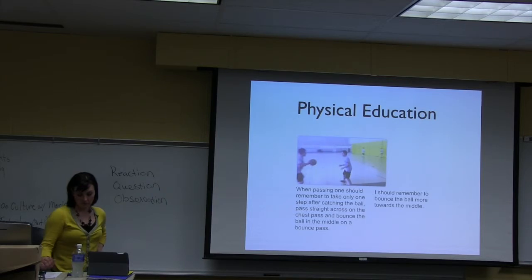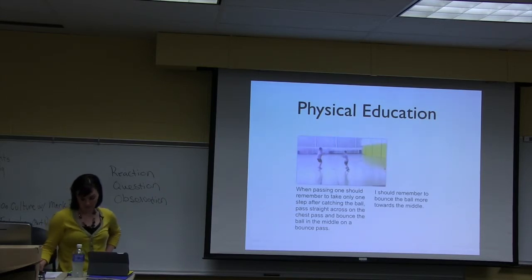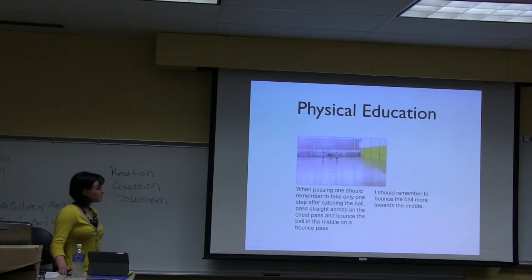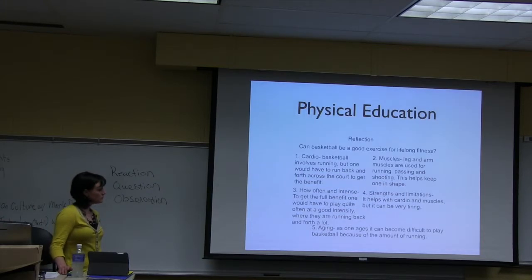Pass straight across on the chest pass, and bounce the ball in the middle on a bounce pass. I should remember to bounce the ball more towards the middle. Can basketball be a good exercise for lifelong fitness? In the idea of cardio, basketball involves running, but one would have to run back and forth across the court to get the benefit of the cardio.